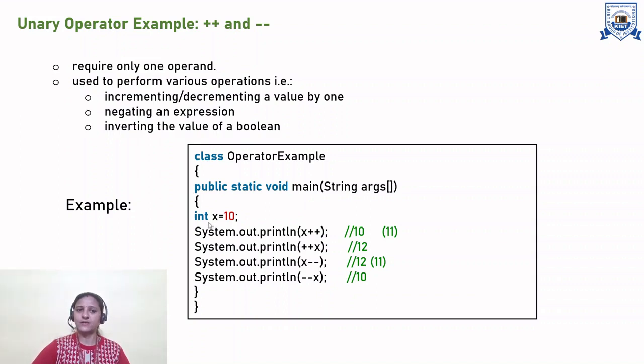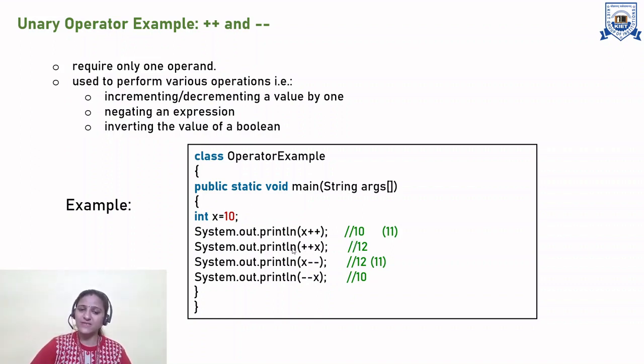Here we took the variable x having the value 10. We are displaying the value of x, but after that we are doing the post increment. It will display the value 10 and in memory it will increment its value by 1. In memory it will be 11, but at present it will show only 10.